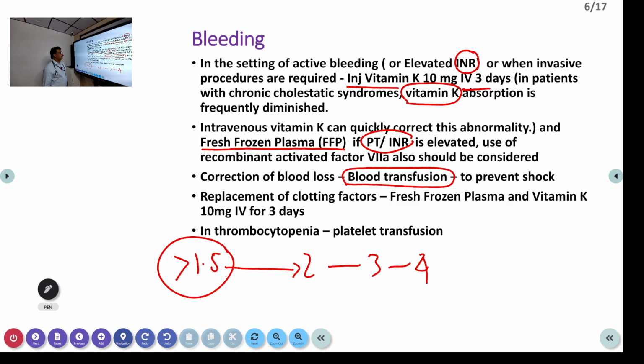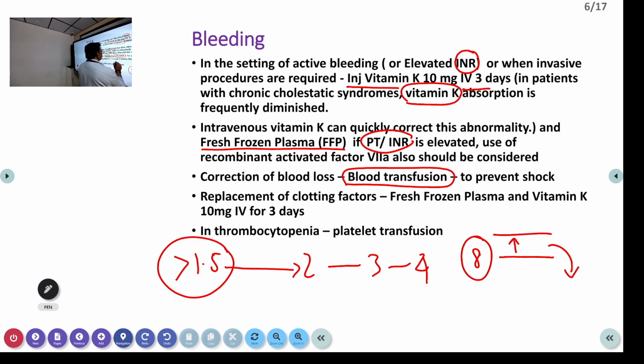But one problem is we always try to keep the patient's Hb somewhere around 8, because with any bleeding tendency, especially when the bleeding parameters are abnormal, if you overperfuse the body with blood, the pressure in the blood vessels will increase and the bleeding can become more. So we have to be very careful. No need to overcorrect the anemia. Just maintain the Hb level somewhere around 8 to 9.